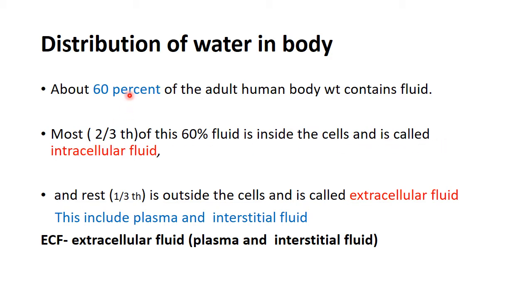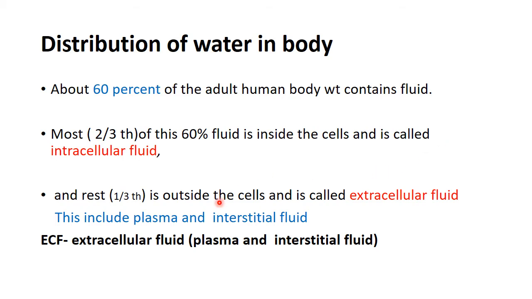So of the 60% total fluid, 40% is present in intracellular fluid. The rest, one-third, is present in extracellular fluid, which means 20% is in extracellular fluid and 40% in intracellular fluid.